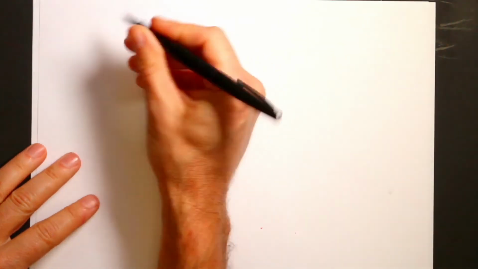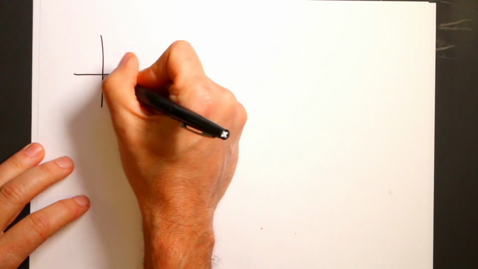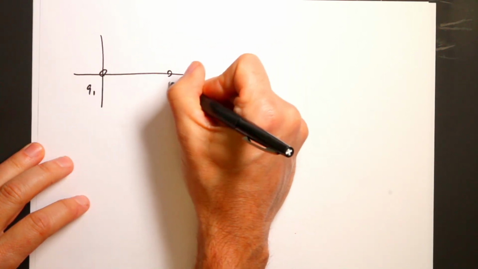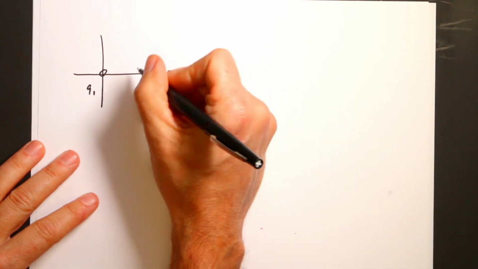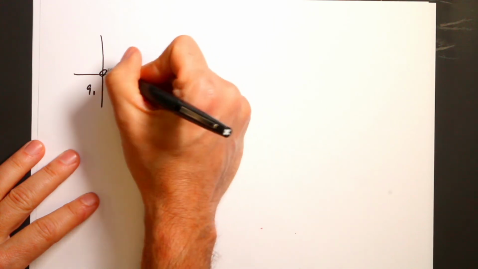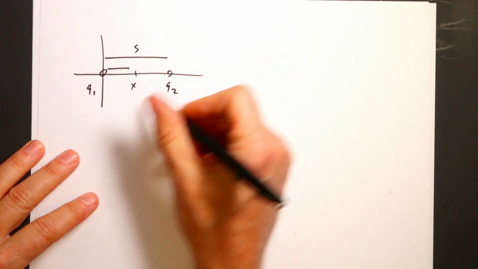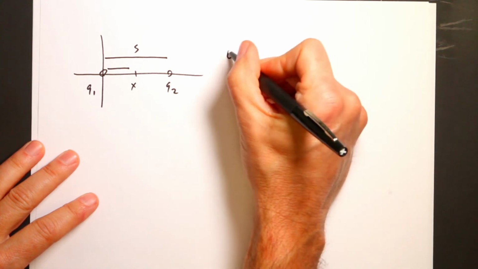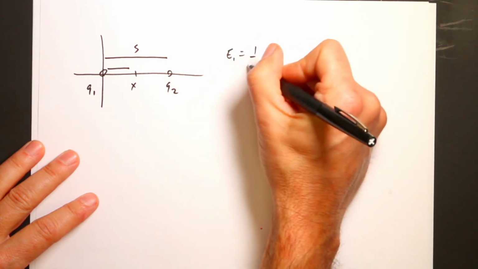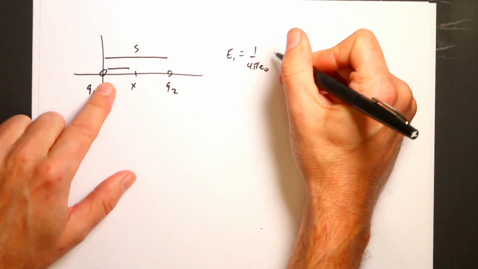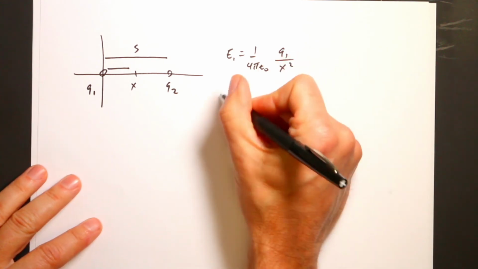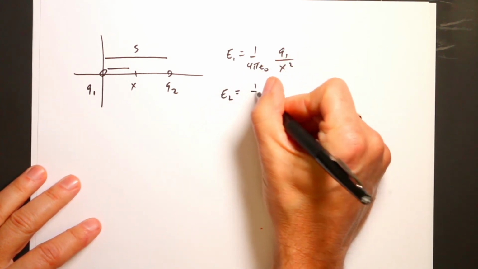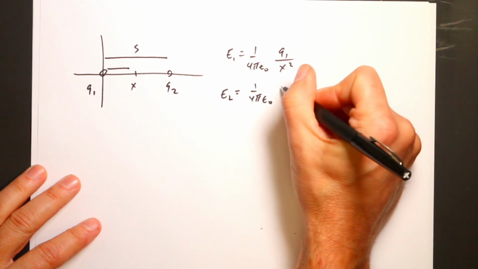Now let's find out where that would be. So again, here's Q1. I'm going to assume they have the same charge, so they're both positive. And here I want to find the electric field at some distance x, and this distance is s. So I can find E1. It's going to be 1 over 4 pi epsilon naught times Q1 over the distance, which is x squared. E2 is going to be 1 over 4 pi epsilon naught times negative Q2, right?